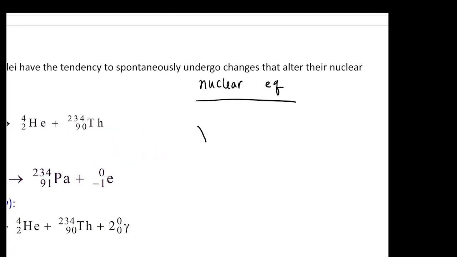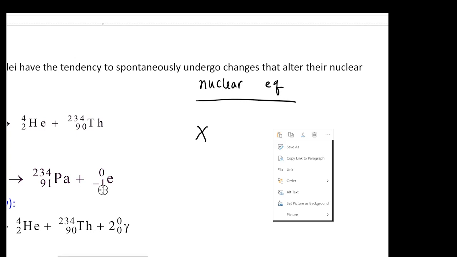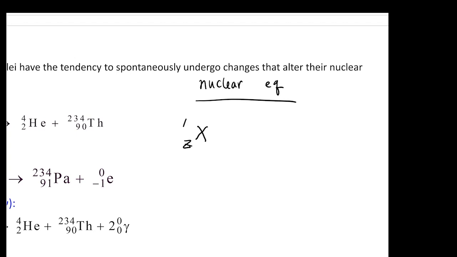Assuming today you have an atomic symbol X, with Z and A, and it undergoes radioactive decay.